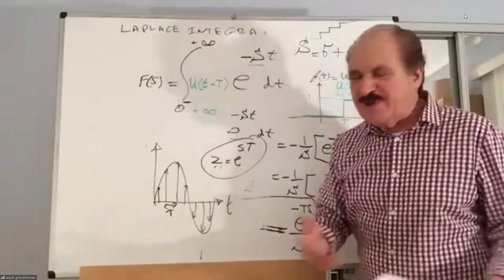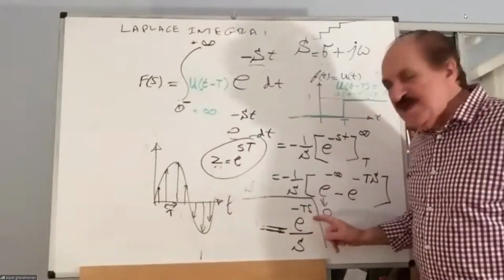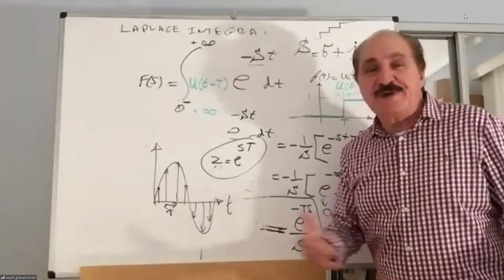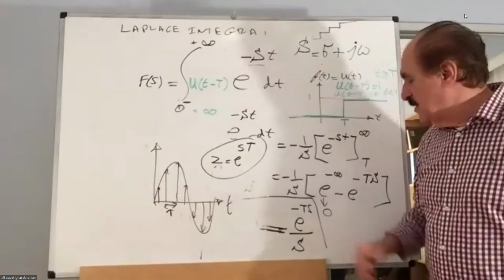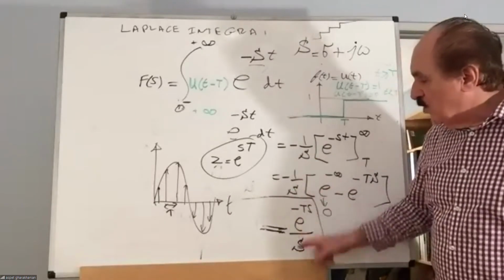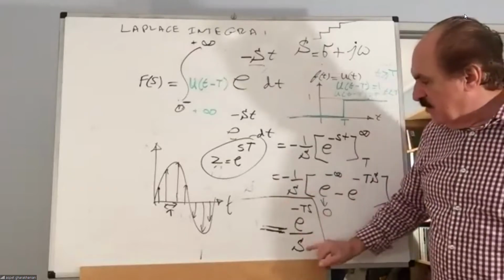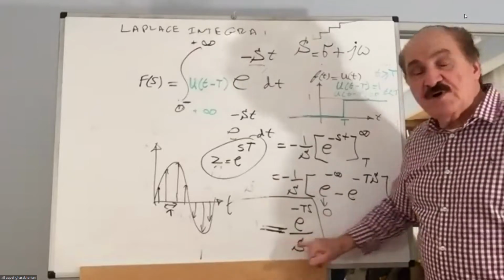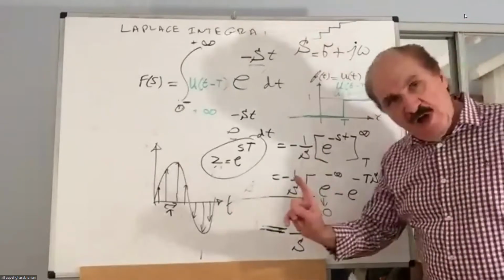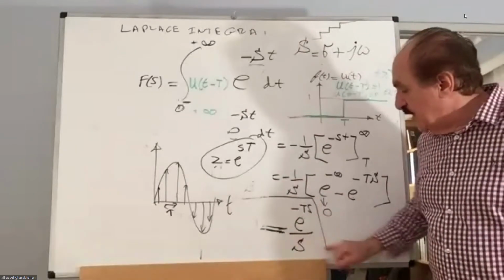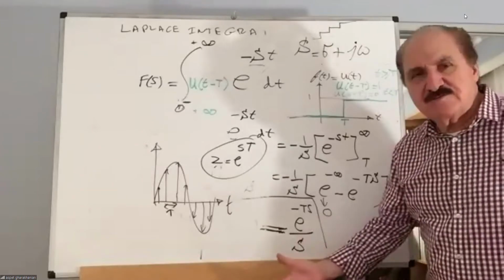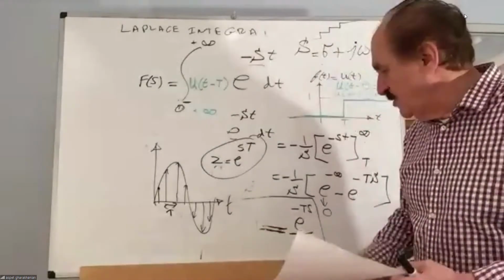Here is the special case: e to the minus ts is not a polynomial, and really there's no other way of showing it as a polynomial. But look at the step. The step is the 1 over s part. It's a simple step, and of course it's a rational function. The numerator polynomial is 1. The denominator polynomial starts with the power s to the 1. It's just s, a single variable.